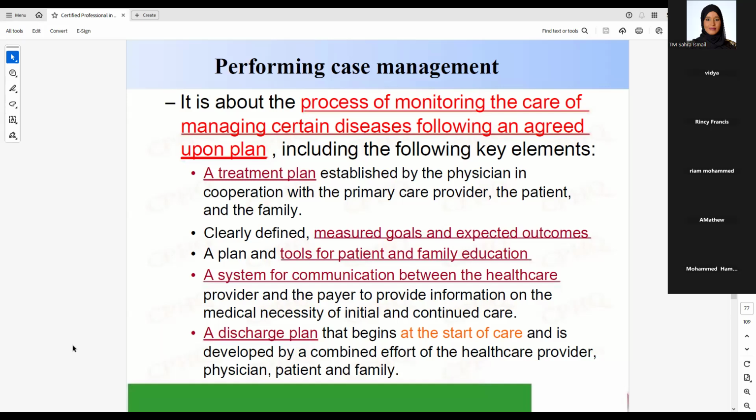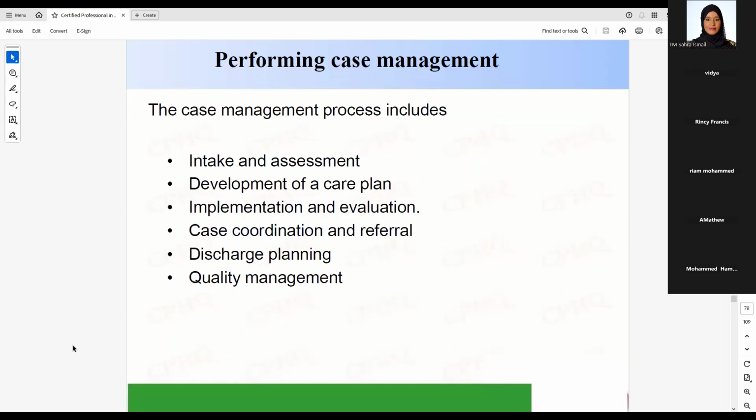A plan and a tool for patient and family education should be available. There's a system of communication between healthcare providers and the payers for the information, and there's discharge planning that begins at the start of care and is developed by a combined effort of the healthcare provider, physician, patient, and family. So this is just talking about the concept of case management.